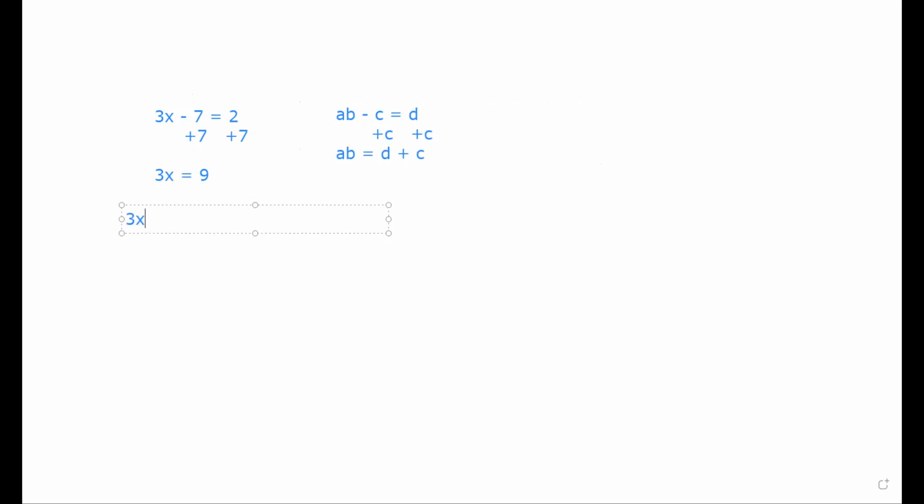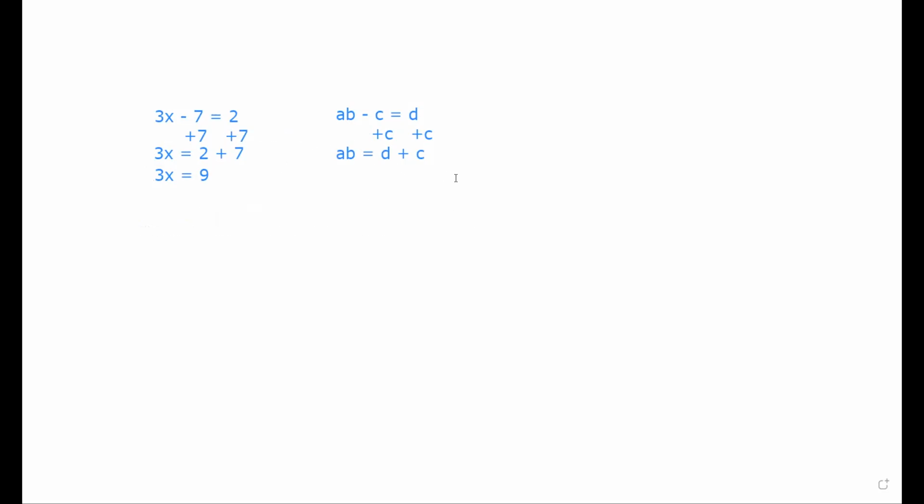Because if I rewrite that second line, it's going to say 3x equals 2 plus 7. So exactly the same. Same first step, get rid of a term.